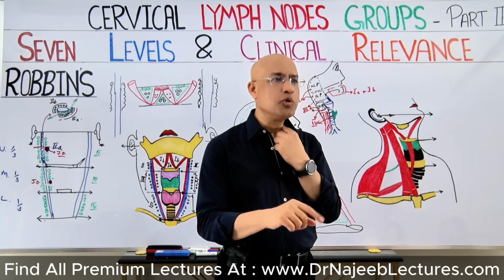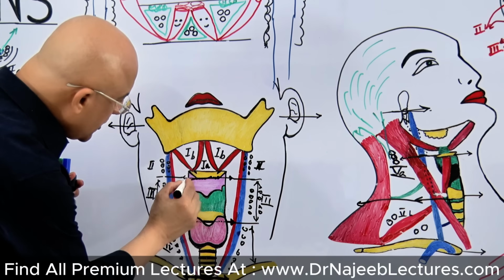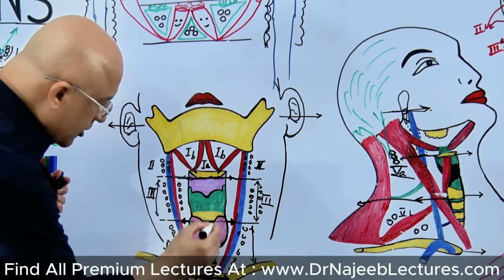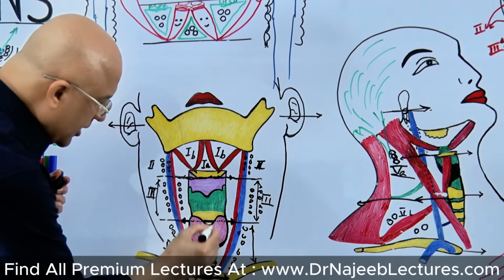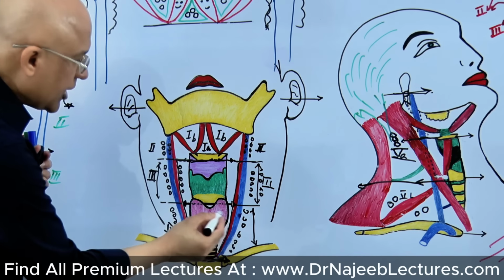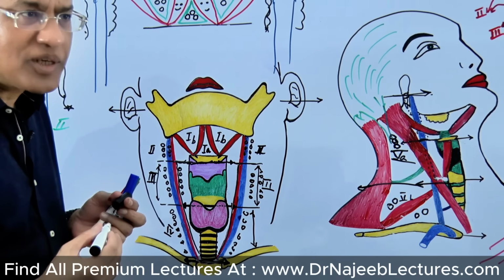Level 6 is between, I'm going to draw here, from the lower border of what is this? Hyoid bone. Below the lower border of the hyoid bone, above the suprasternal notch, and in between the carotid sheaths, or medial to the carotid arteries, because in the carotid sheath, the carotid arteries are more medial to the internal jugular vein.